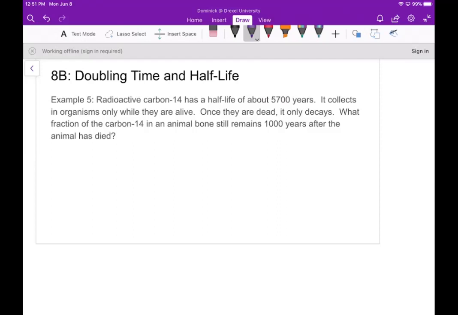Okay, so if we say that the initial value is 1, then we can find what fraction remains. So we're going to have y is equal to 1 times 1/2. Now we have that 1,000 years passed, and the half-life is 5,700. Right, so now we just enter this into the calculator.